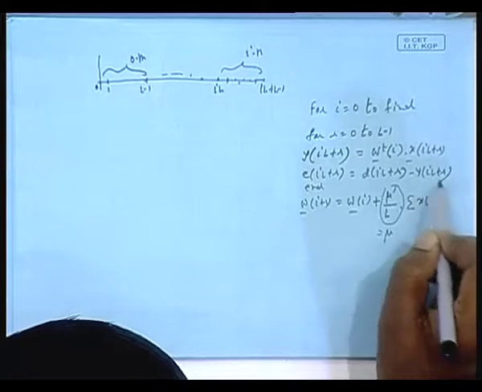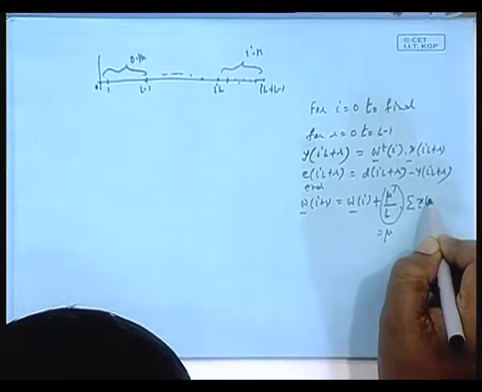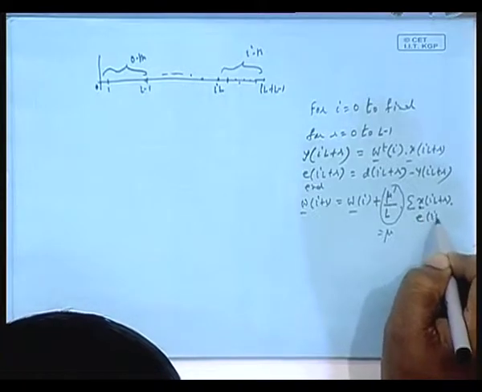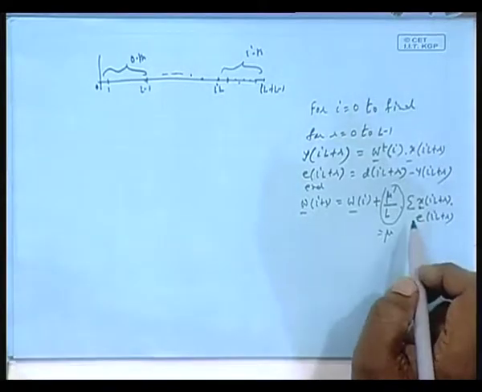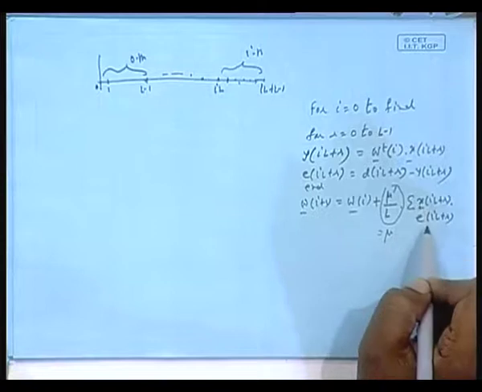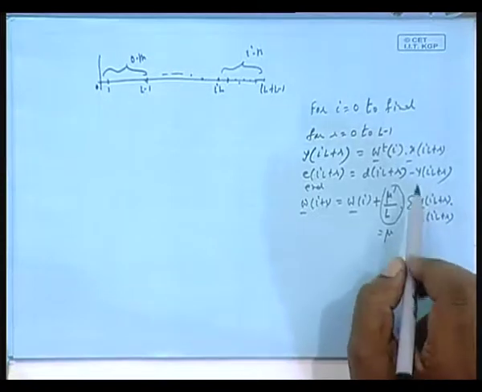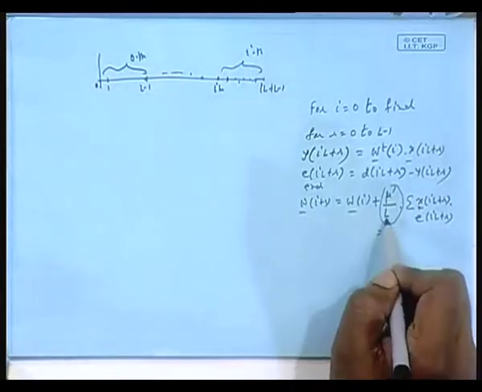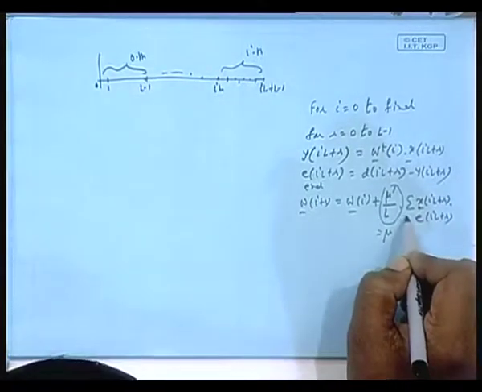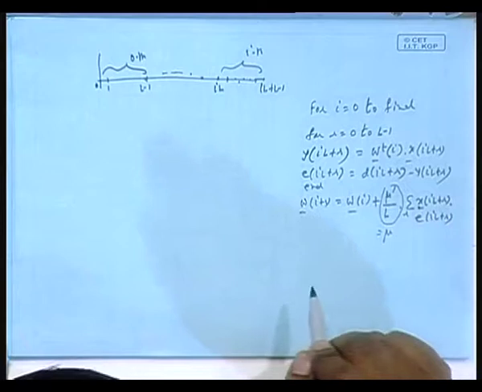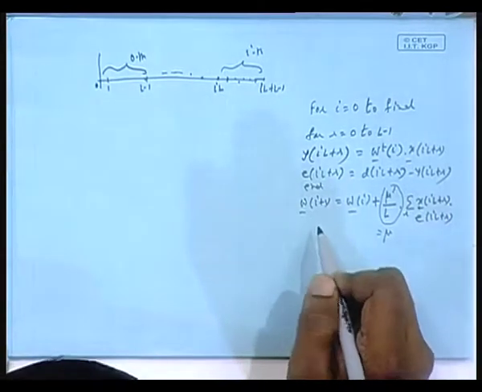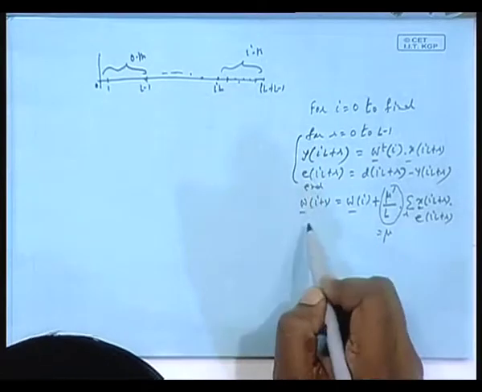Simply the data vector at each index, IL plus R, into the corresponding error. In the case of LMS, we had only one data vector multiplied by the error. Now you have to do the same thing at all the points and average. That is why the L factor comes up. And here R equal to 0 to L minus 1. This is one loop and this is that loop.